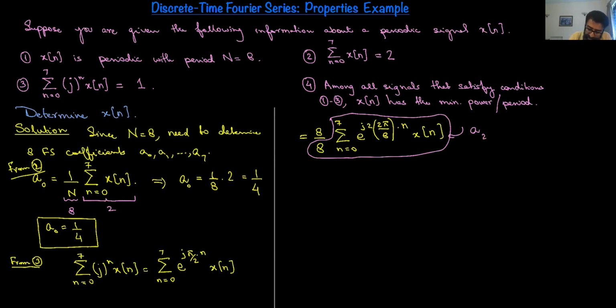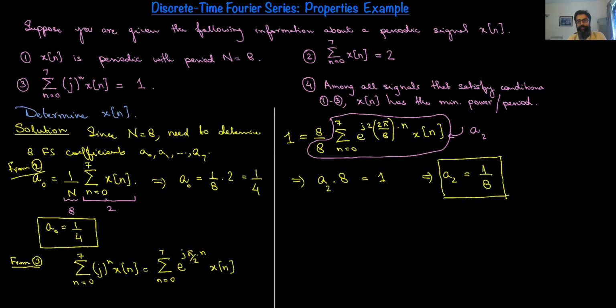I know that this equation from condition number 3 is equal to 1, and from there I can easily conclude that A2 times 8 is equal to 1, and therefore A2 must be equal to 1 by 8. So another thing I've been able to determine is that the Fourier series coefficient A2 is going to be equal to 1 upon 8.